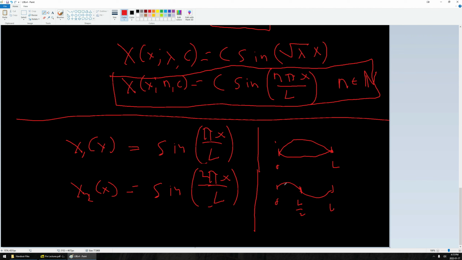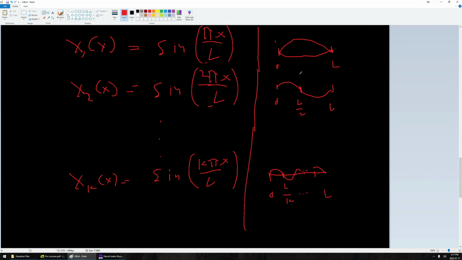If I keep going higher and higher, I would get more and more of these oscillations. Up to the kth case, I would have k oscillations, and the widths of these little intervals upon which I have half of a sine sitting would be L over k. So I'd have one oscillation up to L over k, another from L over k to 2L over k, etc., and k of them as I go all the way up.